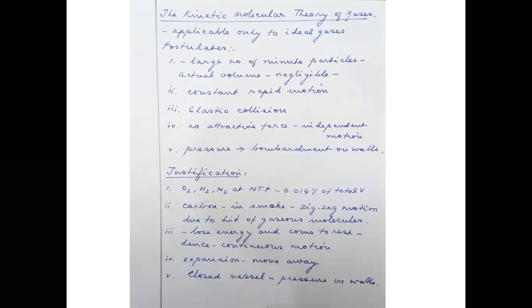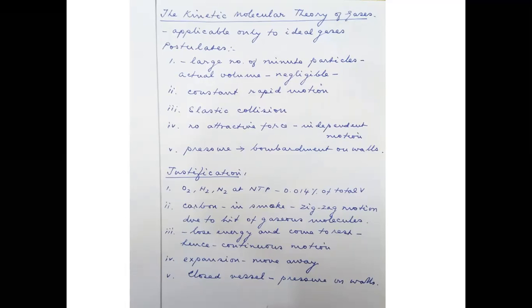Therefore, various scientists worked together and wanted to come out with a kinetic theory of gases. What is the theory behind the motion of gases, the molecular motions? This theory is applicable only to ideal gases.